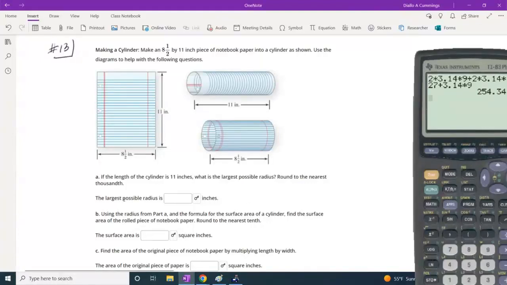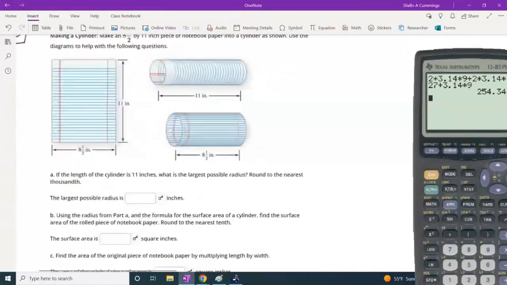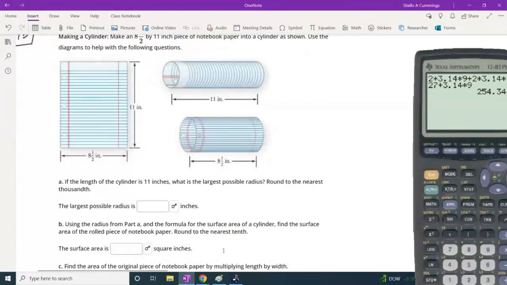It says if the length of the cylinder is 11 inches, so they're using this top part, what is the largest possible radius, rounded to the nearest thousandth? Okay. So if you look closely, this is 11, this is 8.5.